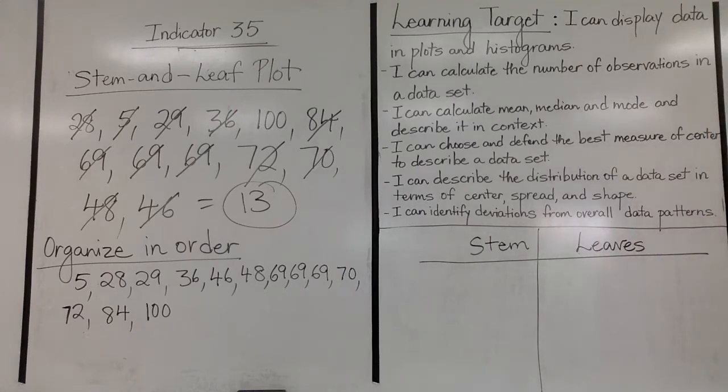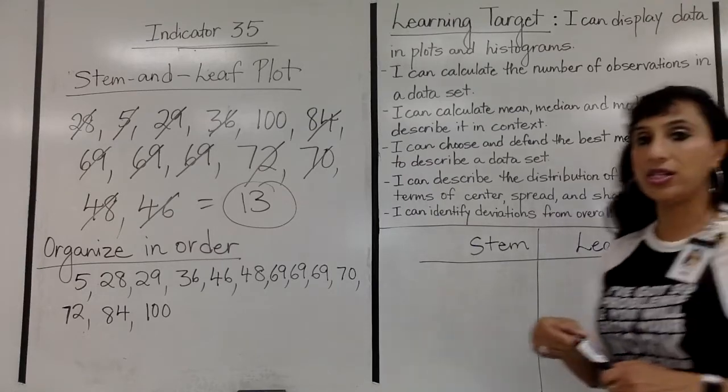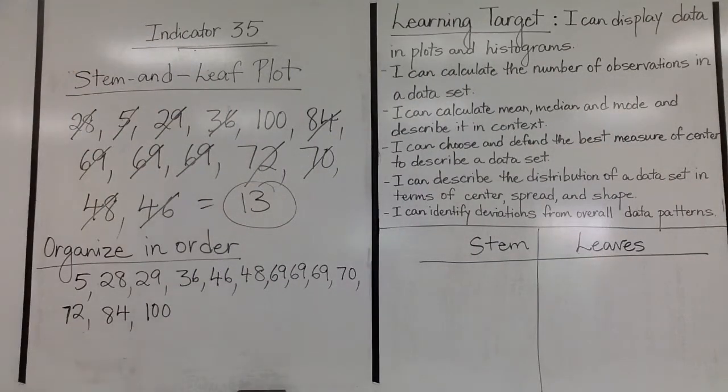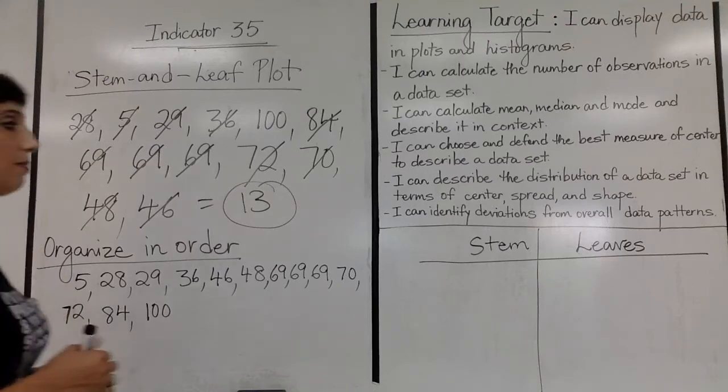When you are making your stem and leaf plot, you place digits based on the place value. Since we have 5, 28, 29, 36, this is what I'm going to do.